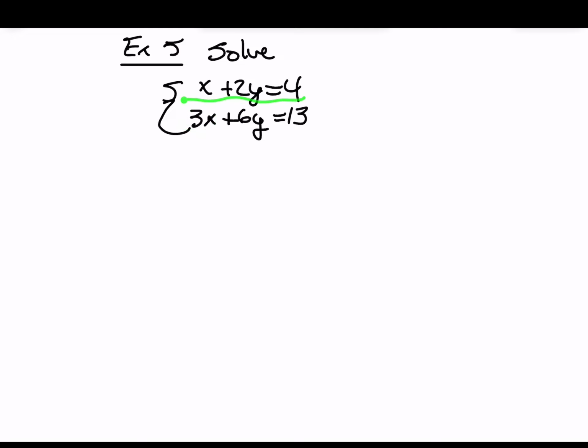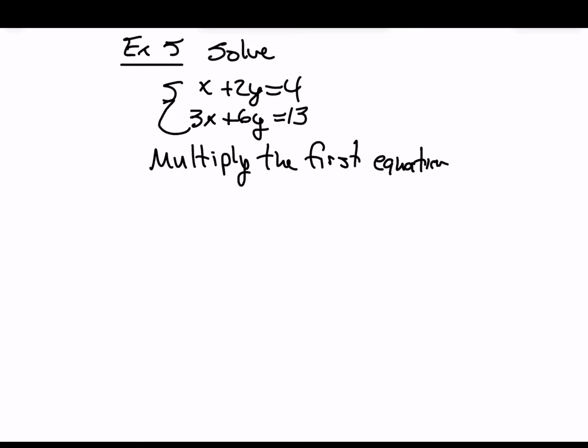We have a 3x here, so we could multiply this first equation by negative 3, and we'd have negative 3x, and those would cancel. So what we'll do is we'll multiply the first equation by negative 3.